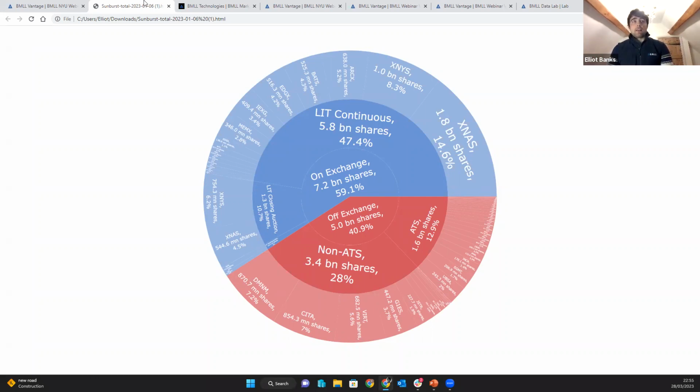And that's really important when it comes to thinking about how to interact with this data, from an algorithmic execution point of view, or from an exchange point of view, if you're trying to understand your share of the market. Understanding what information you do and don't get is really important to answering those questions.